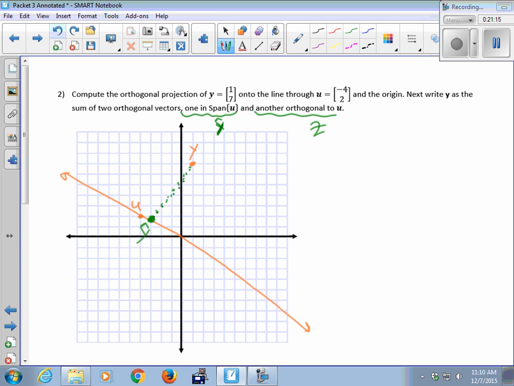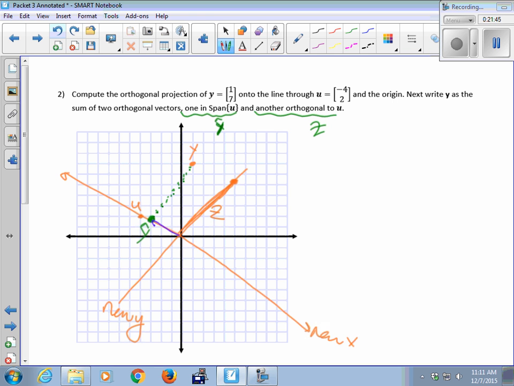So I am going to draw a perpendicular here. That's like my new y-axis, new x, new y. And so this vector right here that has the same length as my y, from y to u, this is my z. So you can see that I've created a parallelogram, right?